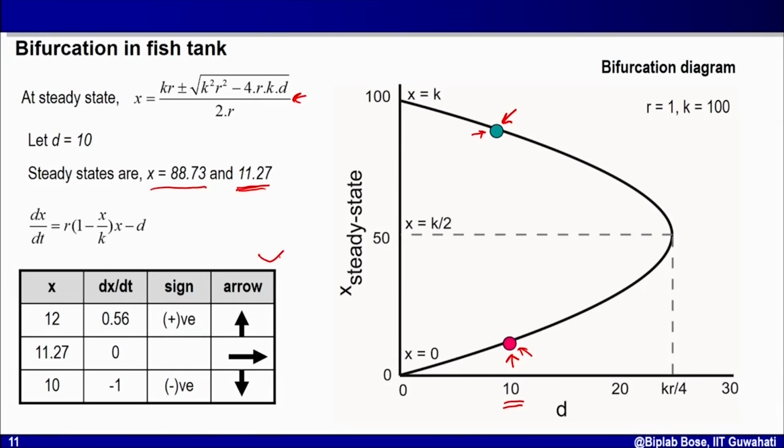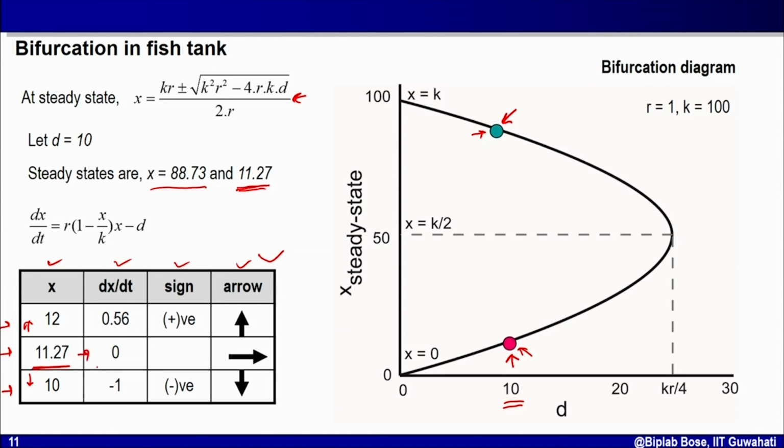The table should have 4 columns: x, the derivative, the sign of the derivative, and the arrow. And I have 3 rows. In the middle row, I have put the steady state value, that is 11.27. I take a slightly bigger value in the upper row, 12, and a slightly lower value than the steady state, 10, in the lower row.